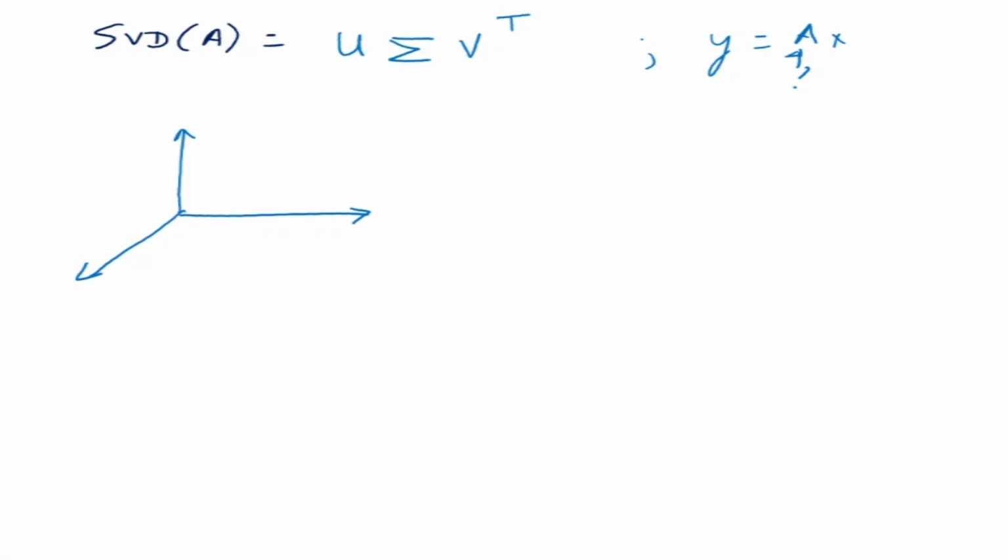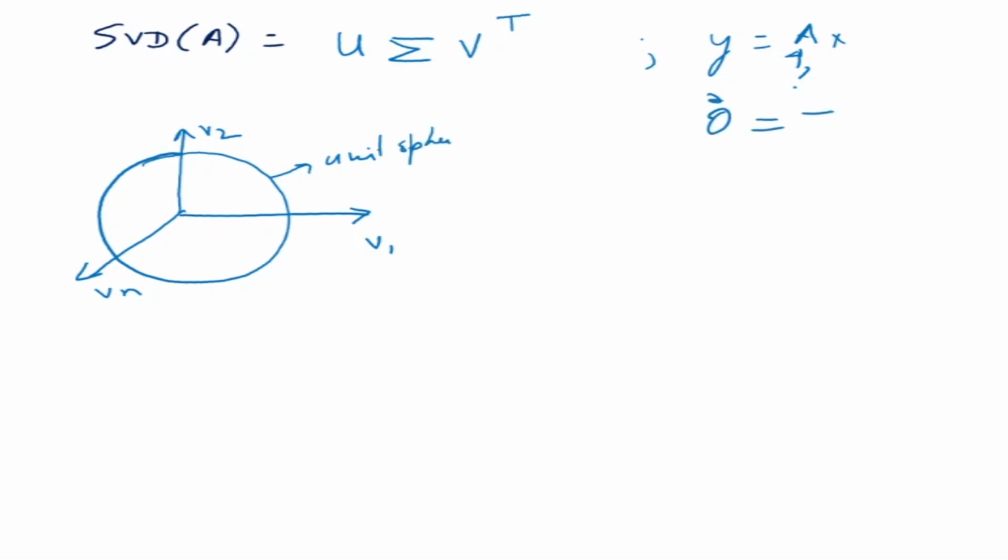So it is similar to saying that I have my system, in the case of our velocities, v1, v2 and vn. Now suppose I say that the input is constrained in a unit sphere, equivalent x dot.